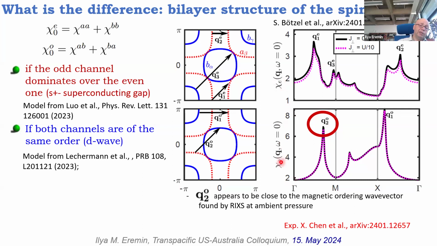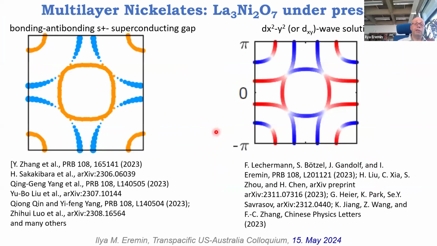If it is largest in the odd channel, you will have the largest repulsion between these bands, and that will be driving the sign change. So that will be an order parameter which changes sign between the bands, an S plus minus. This is the so-called bonding antibonding S plus minus.